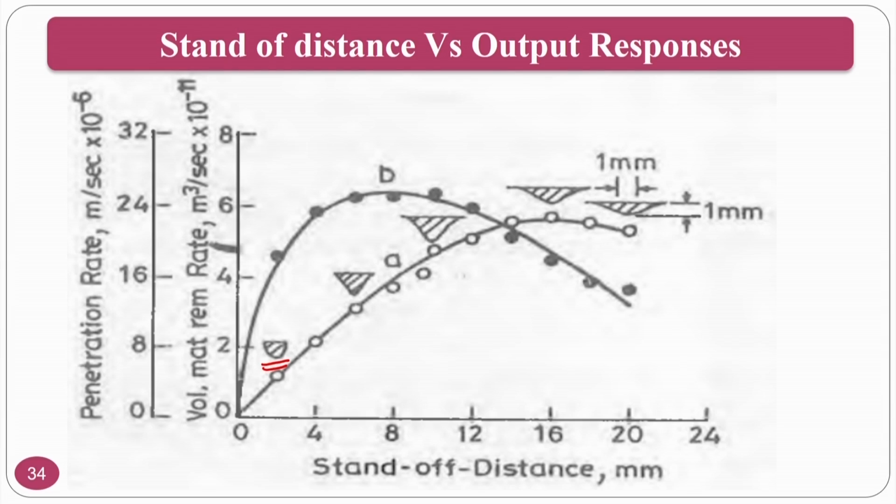It has a certain distance where it can carry the velocity and hit the workpiece. For that purpose, normally the penetration rate will increase, and beyond which the penetration rate will decrease. If the penetration rate decreases, the volumetric material removal will also decrease. That is what you can see in this particular slide.